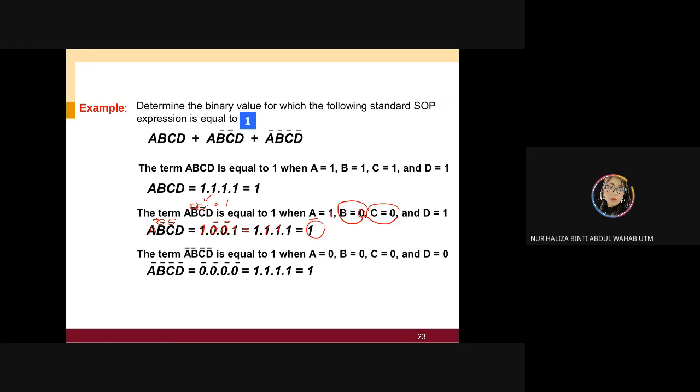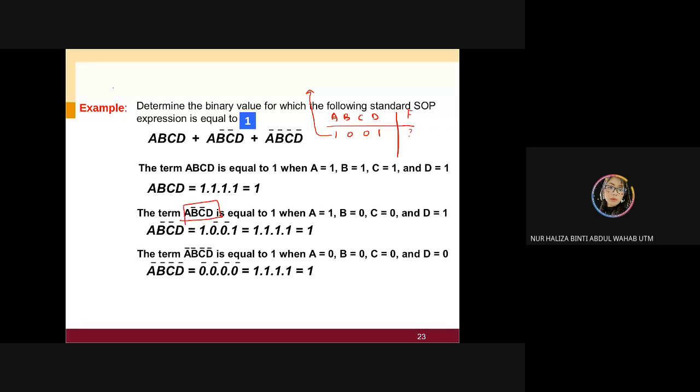But over here, it shows that the first time when you have this value for your input, I draw the table, okay? A, B, C, D, and then you have output. For this condition, you have 1, 0, 0, 1. B is 0, C is 0, D is 1. And you don't know yet the output. So let's say you take this input, and you have the term A, B bar, C bar, D, right?